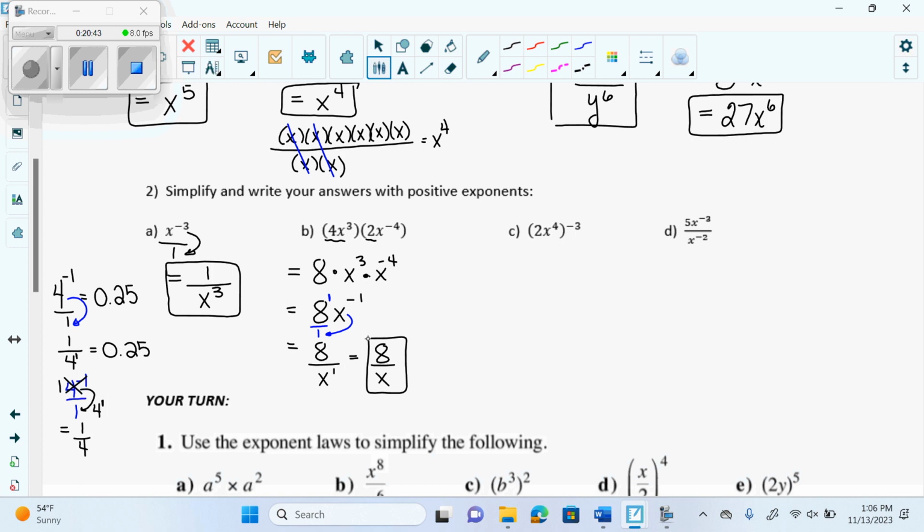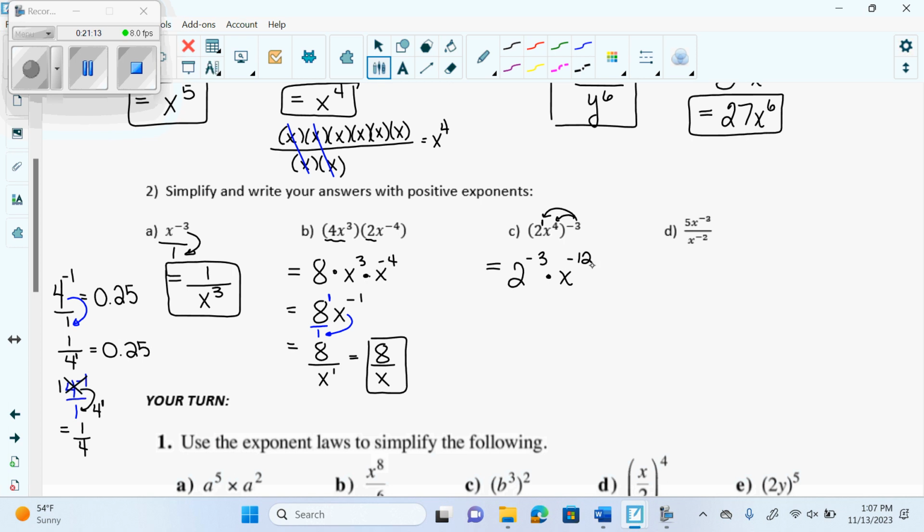Okay, C. We have to apply that negative exponent through. This 2 is to a 1. It has to go to it as well. So I'm going to get 2 to the what? Negative 3. Times x to the what? Negative 12. 1 base, 2 exponents, multiply. Now, do both my objects have negative exponents?